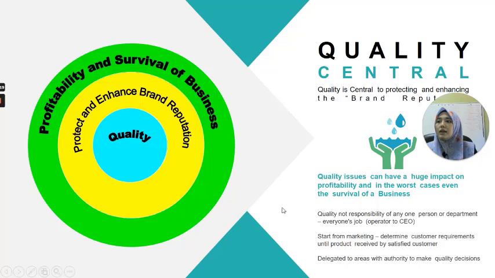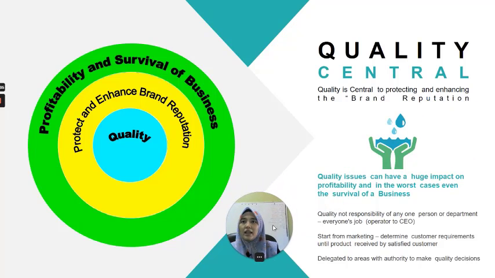Okay. And quality is the central, okay, of the profitability and the survival of the business. Bukan profit, it's the quality. Okay, the quality is the central to protecting and enhancing the brand reputation. Okay, bukan kerana kita jualkan telefon tu dengan banyak so dapat banyak profit, dia akan jadi core. No, the core is always the quality.